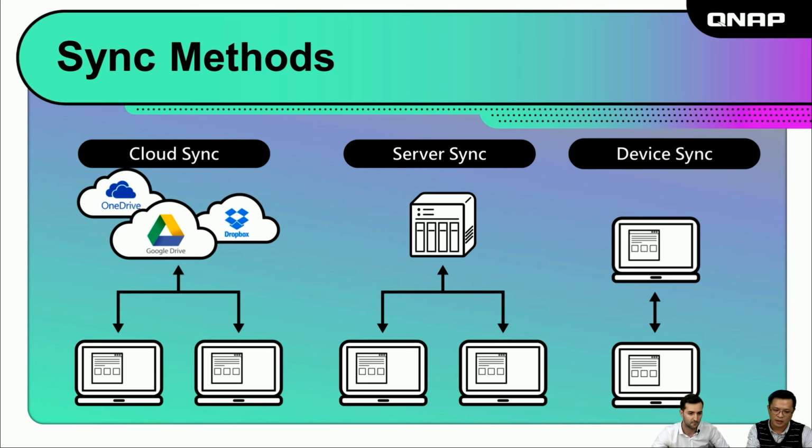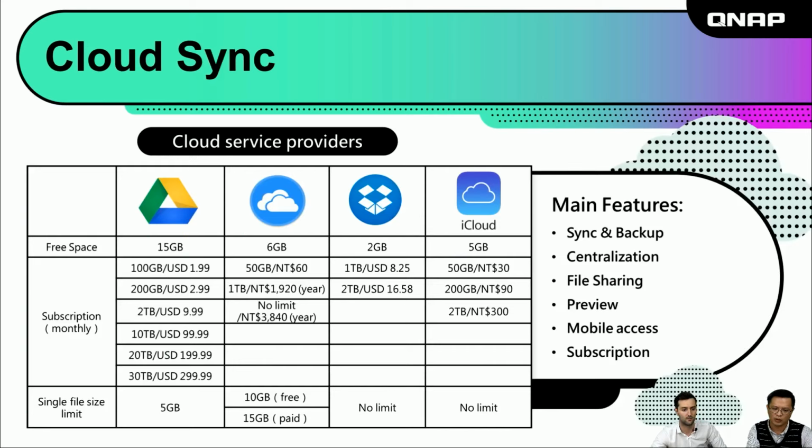Okay, there are 3 common ways that we can synchronize our files. One is the cloud sync, the second is the server sync, and the last one is device sync. We have all heard of companies for cloud sync, like Google, Microsoft OneDrive, Dropbox, or Apple iCloud.